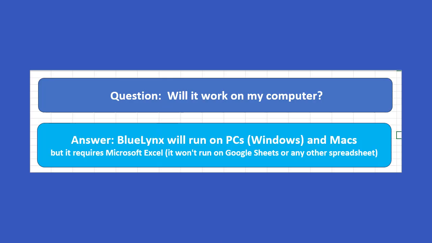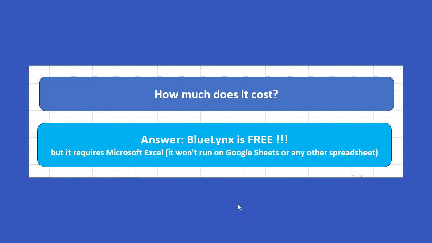So that's good. The last question is, how much does it cost? The answer is, from my point of view, nothing. BlueLynx is free, just like GreenFox is free. But as I said here, it still requires Excel and it won't run on something else. I would also say, as a recommendation, that the bigger screen you have, the bigger monitor on your computer, the better off it is.